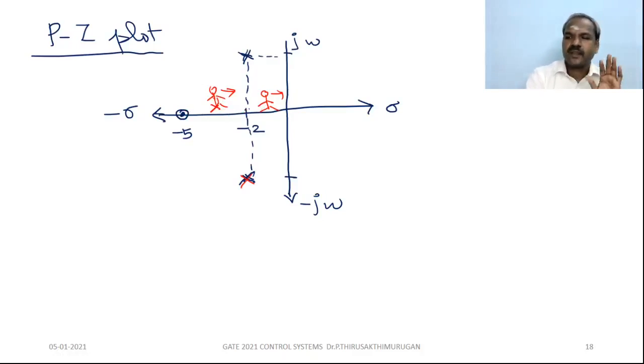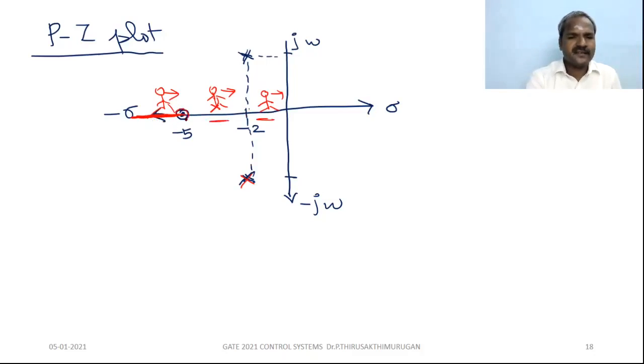Now you go here and look back this side. How many poles and zeros? Two poles and one zero, totally 3, an odd number. So definitely the branch will be available here. There is no branch here and here; the branch is only available in this area.